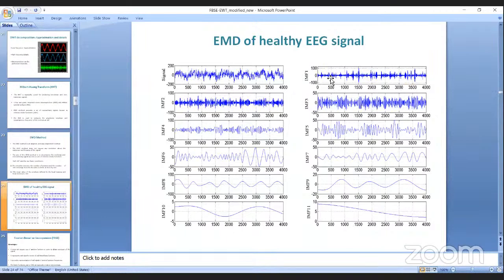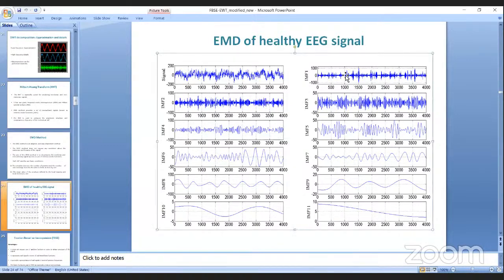And this first component, IMF1, is also known as detail, which corresponds to low scale, so that is the highest frequency. Similarly, IMF 11 corresponds to large scale, so that is the lowest frequency component.